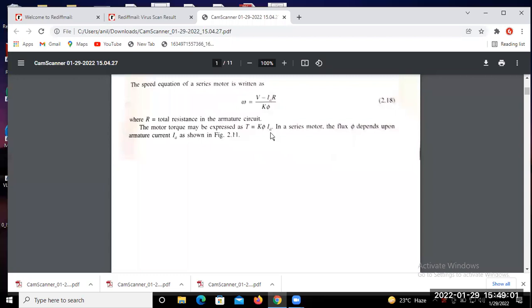ये ध्यान में रखना, according to the connection of the field winding and armature winding. We consider in the shunt machine flux is constant.